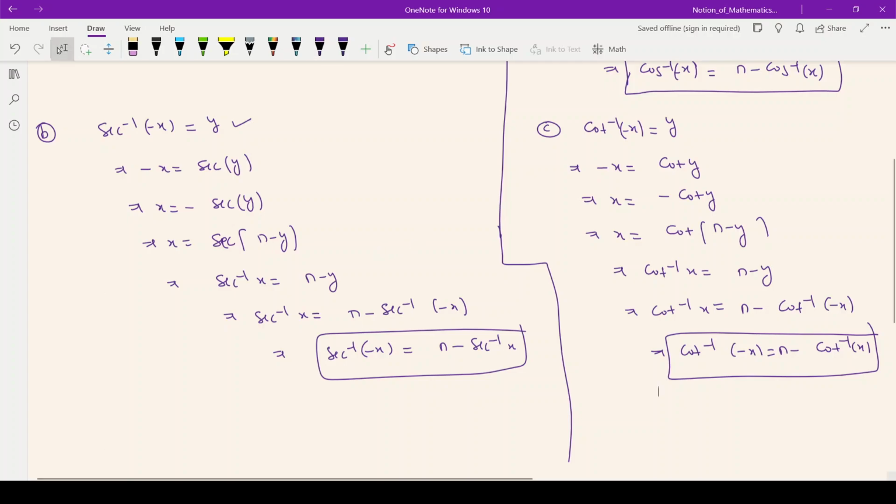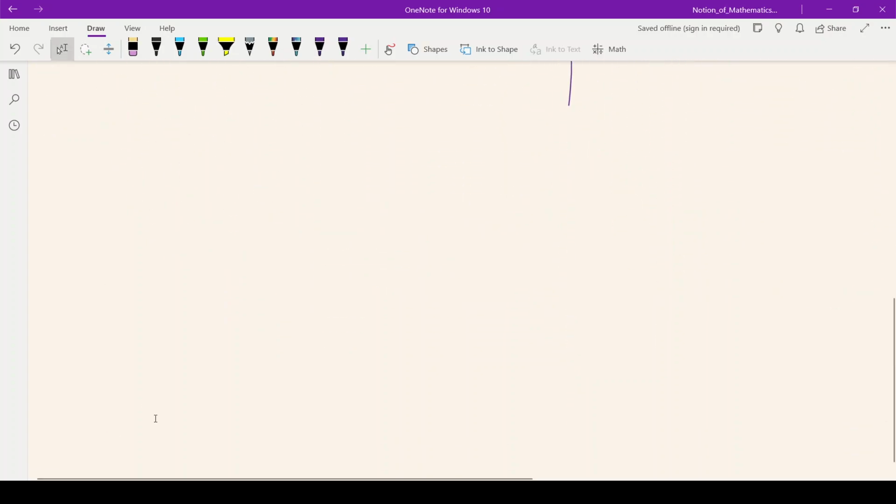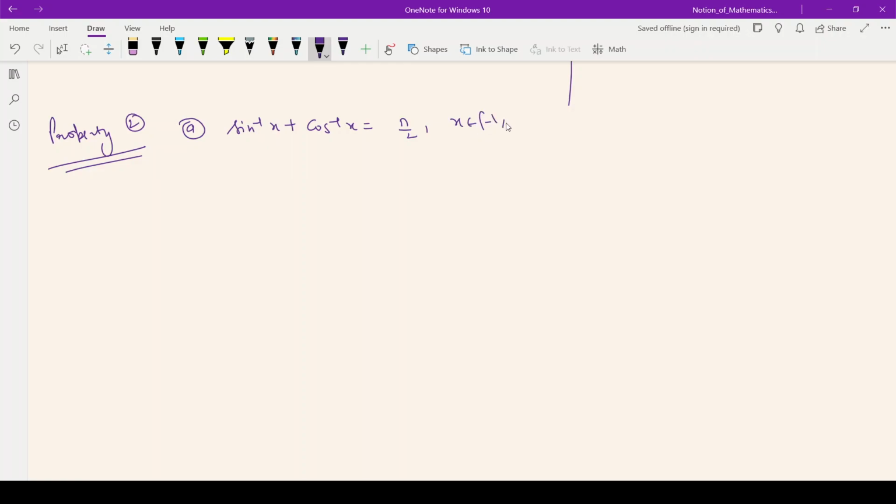Thereafter I will talk about a few more properties of inverse trigonometric functions. So in this video, this will be property number 2. In this property, three parts are provided. First part is sin inverse x plus cos inverse x is pi by 2, where x is from the domain -1 to 1.